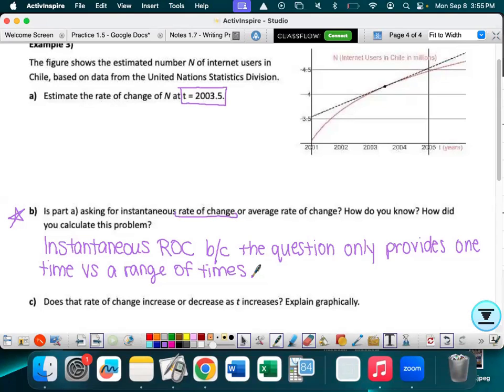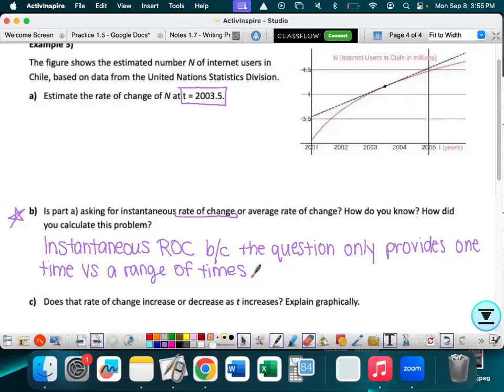Now I have a pretty visual there. How do we visualize the instantaneous rate of change? Hopefully you said we visualize that using the slope of the tangent line. So we want to get the slope of the tangent line.